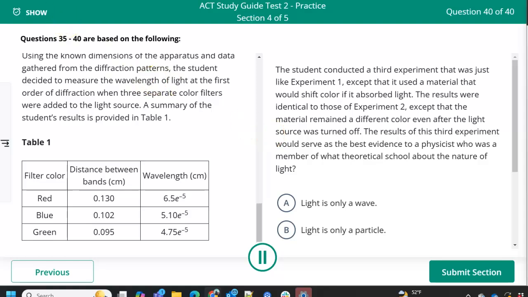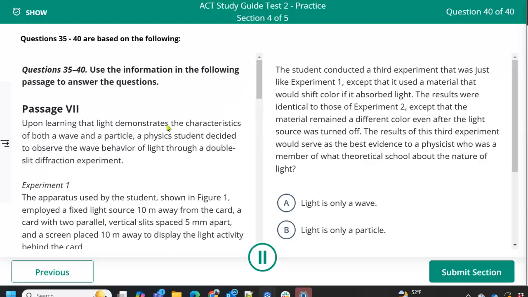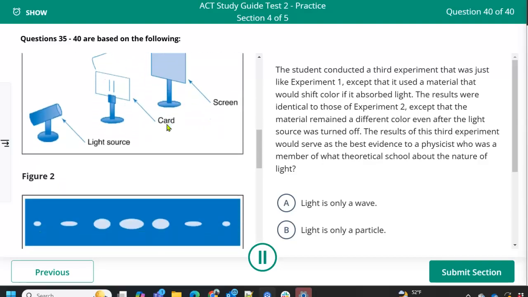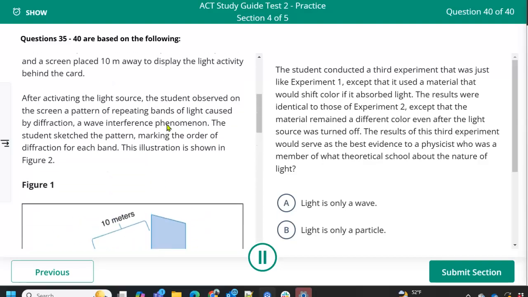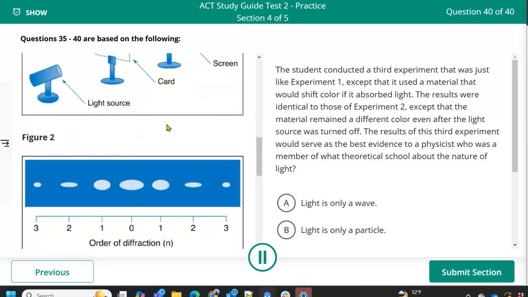Final question. A student conducted a third experiment that was just like experiment 1. Okay. Except he used a material that would shift color if it absorbed light. Okay.